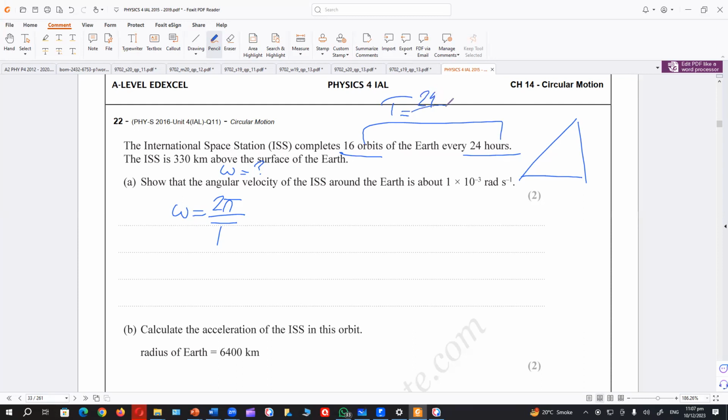So I will use 24 upon 16 for time period. That's 3 over 2 or 1.5 hours.